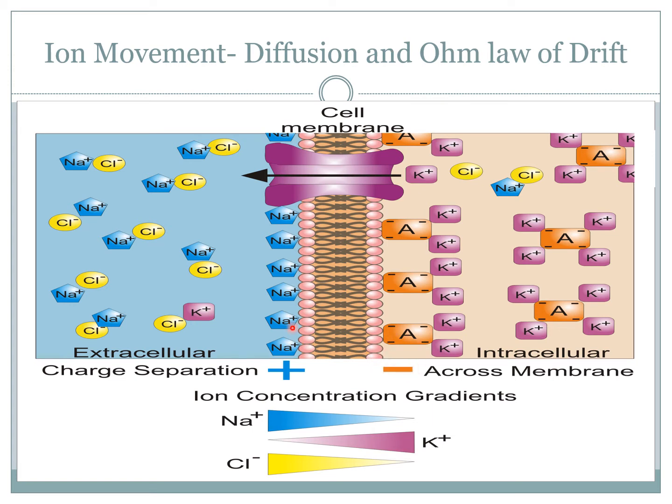Ohm's law of drift is a pull, if you will, to an opposite charge. So a positive will want to go to a negative environment. A negative will want to go to a positive environment. And as we'll learn, a relative negative cation will want to go to a positive environment.